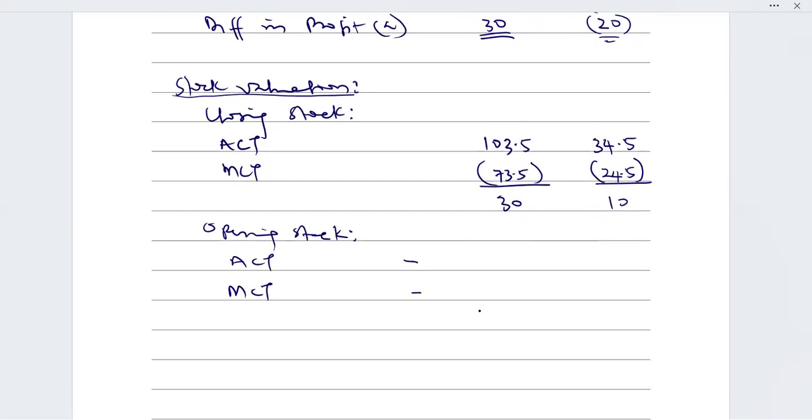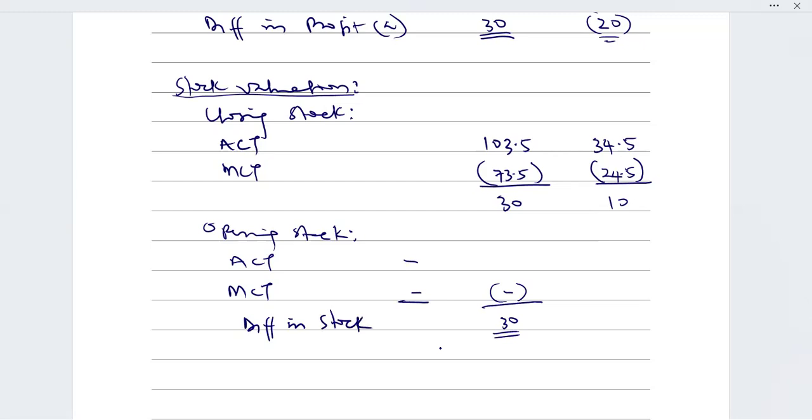Then 103.5. For absorption, in September. So here, hold on first. This one is dash. So dash minus 30 will give us 30. So this is the difference in stock.